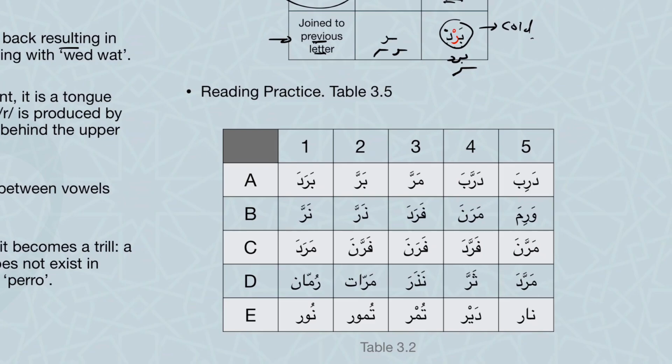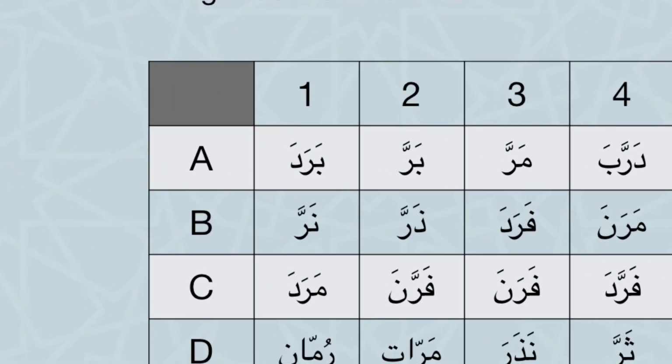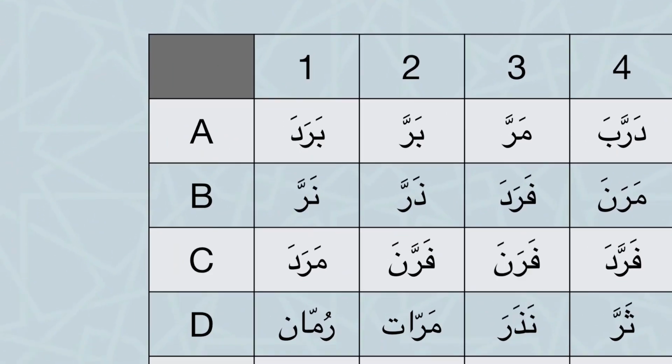Okay, so row A, we'll start with number 1. We'll zoom in. Ba has a fatha, the re has a fatha, and the dal has a fatha. So it's barada, barada, barada.